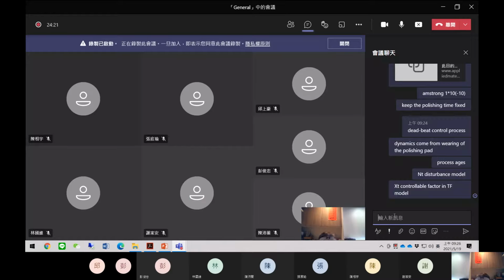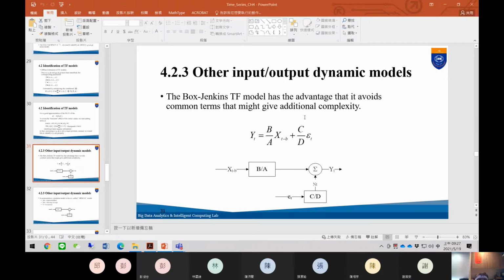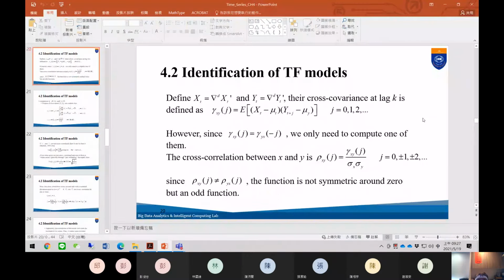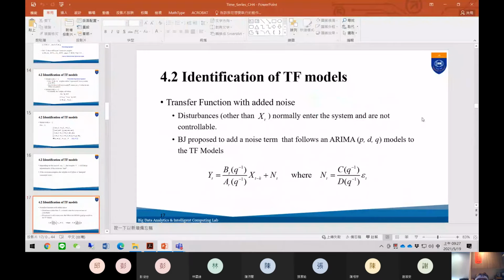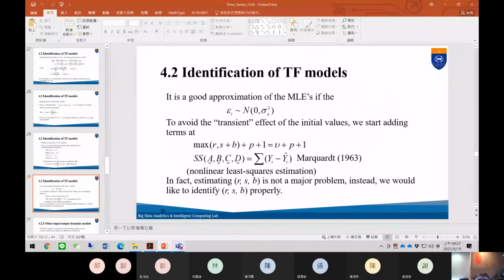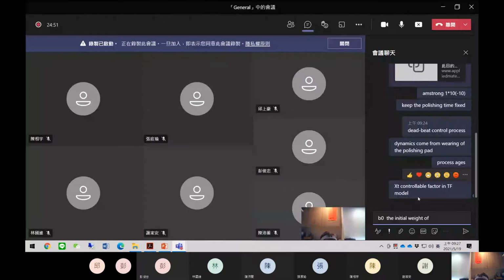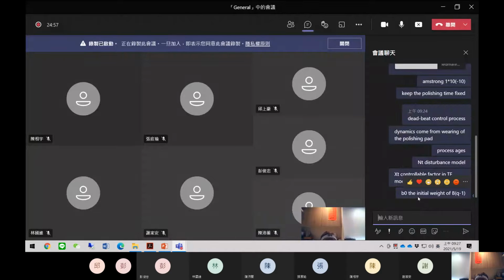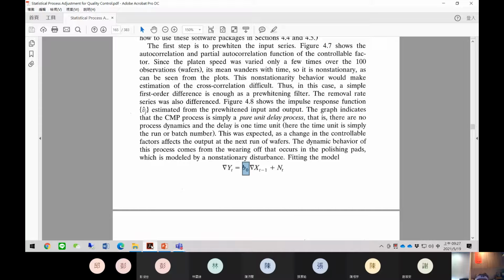Let me see how to put this: it is the weight of the B polynomial in terms of the backshift operator. So B is the initial weight of the B polynomial in terms of the backshift operator.